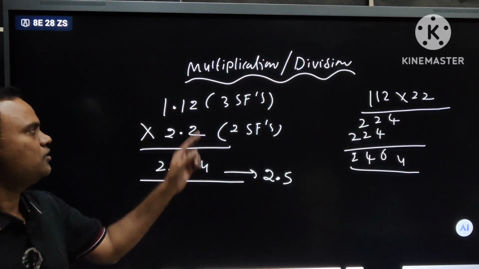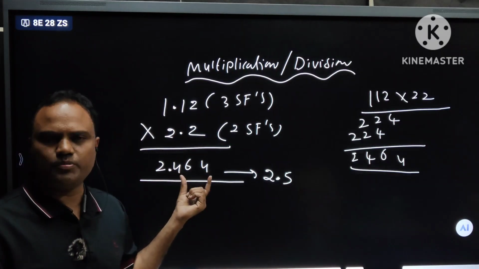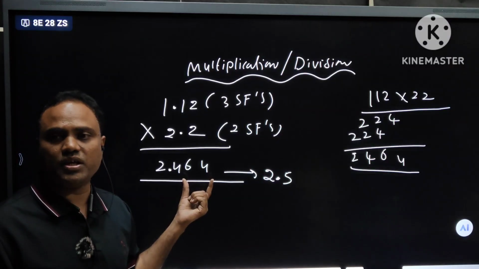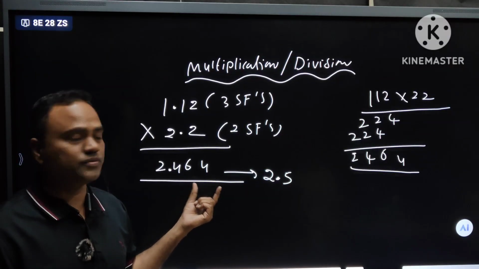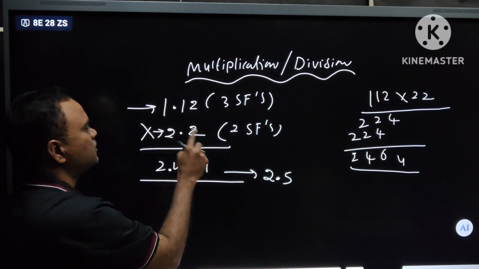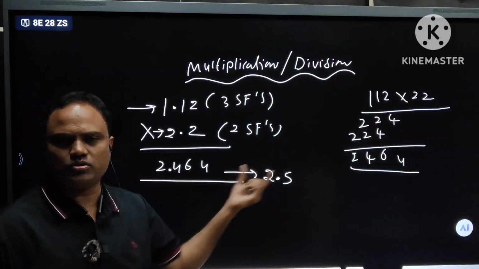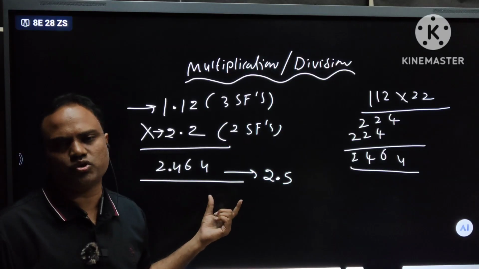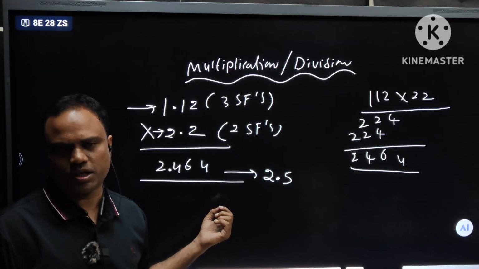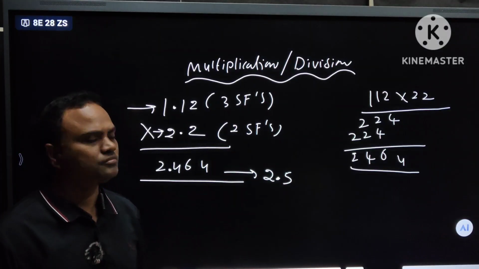Once again, during multiplication or division, the final value should be reported to the same significant figures as the number with minimum significant figures. This is one number, this is one number. In this number the minimum significant figures are present, 2. So in the final value also 2 significant figures should be present. Clear?